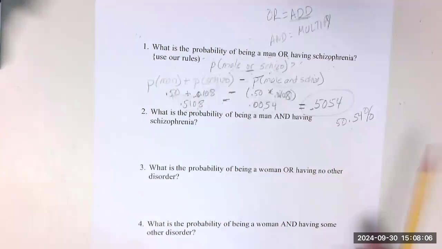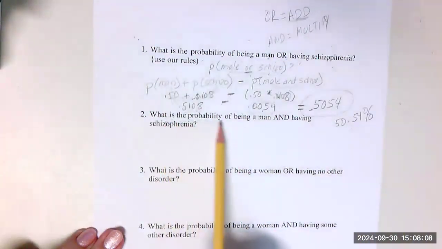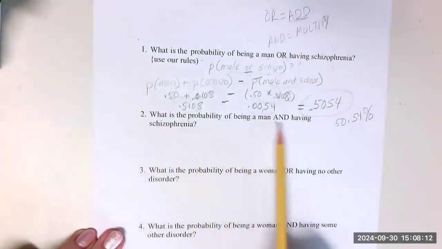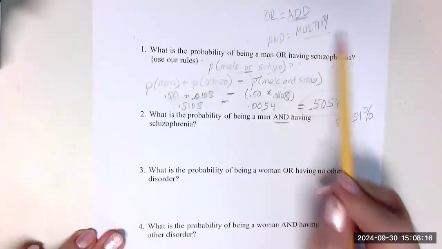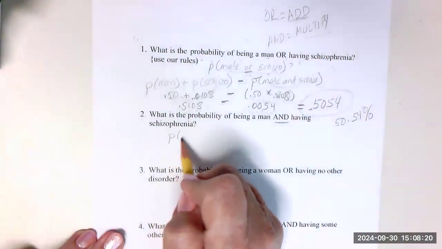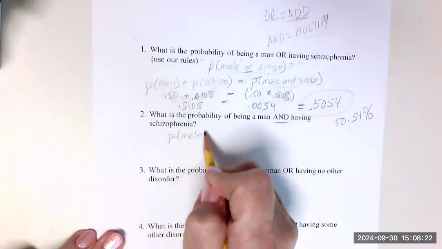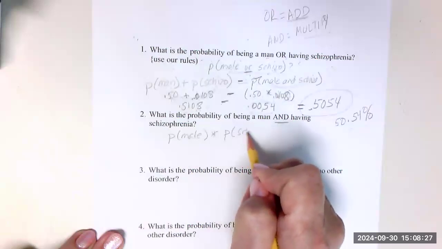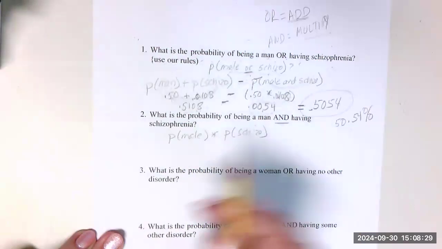Okay, let's do another one. What's the probability of being a man and having schizophrenia? Well, and remember, whenever you see and, you multiply and you don't have to do anything else. So you're just going to go the probability of being male times the probability of having schizophrenia. Very simple.